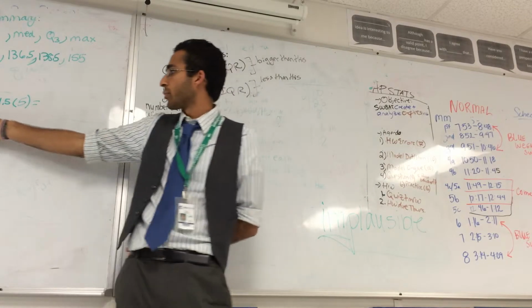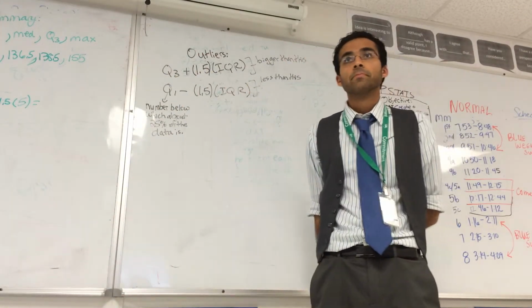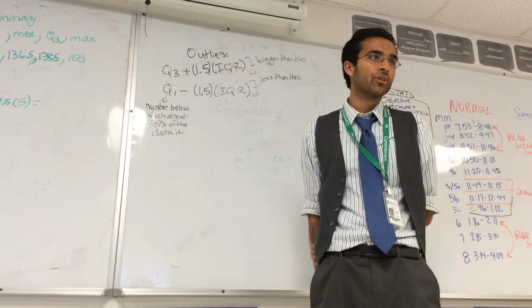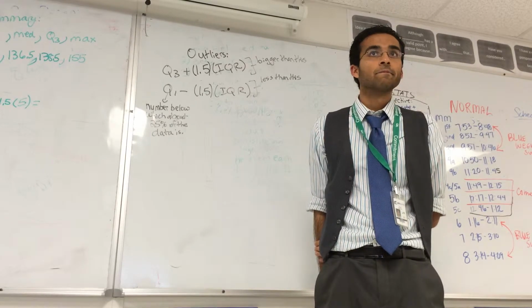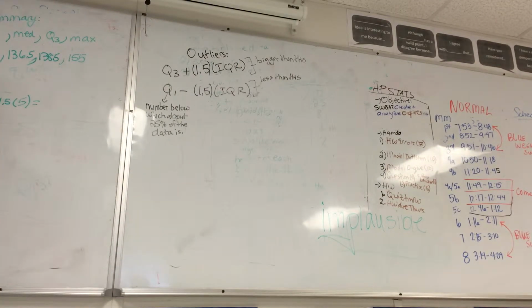Tamar, why did we use 136.5 for Q3? Really? Karina, what is Q3? 138.5. What's 1.5 times 5? We should be able to do this in our heads. Khadija, what's 1.5 times 5? 7. Say it again.